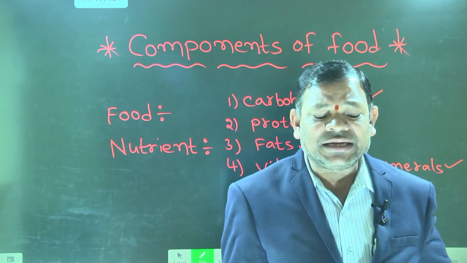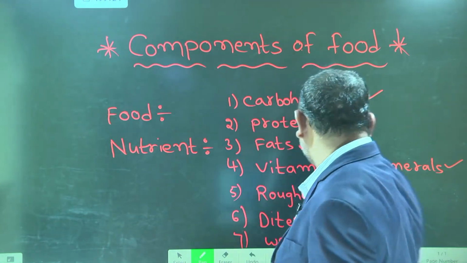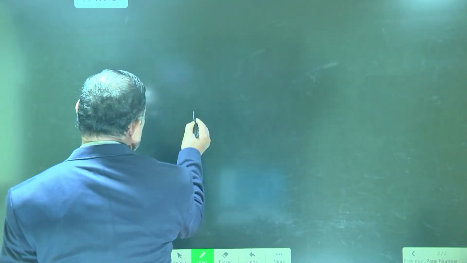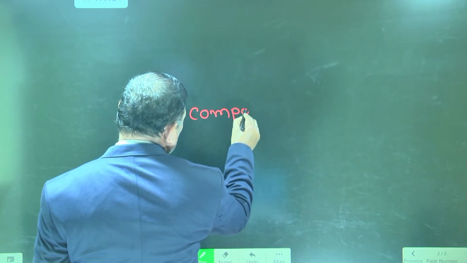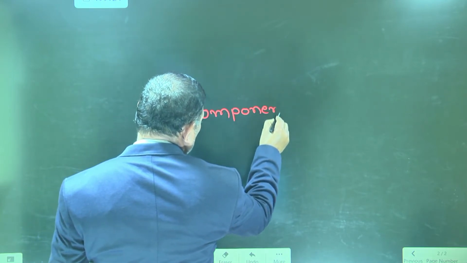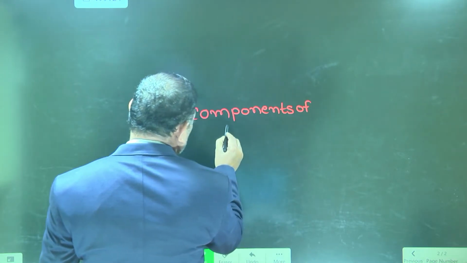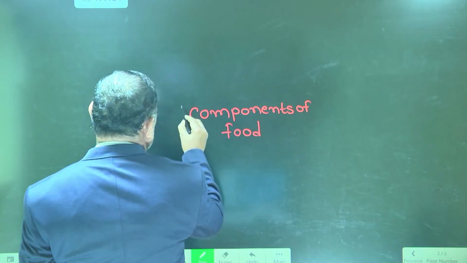The food contains seven kinds of nutrients. So the first topic is components of food.